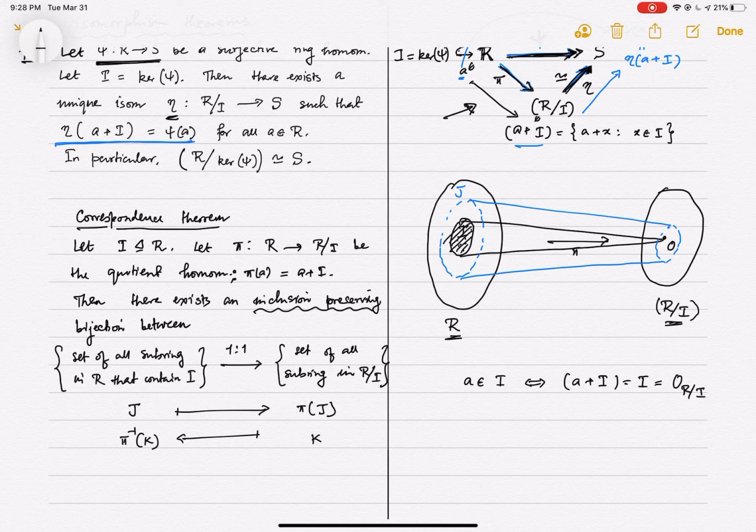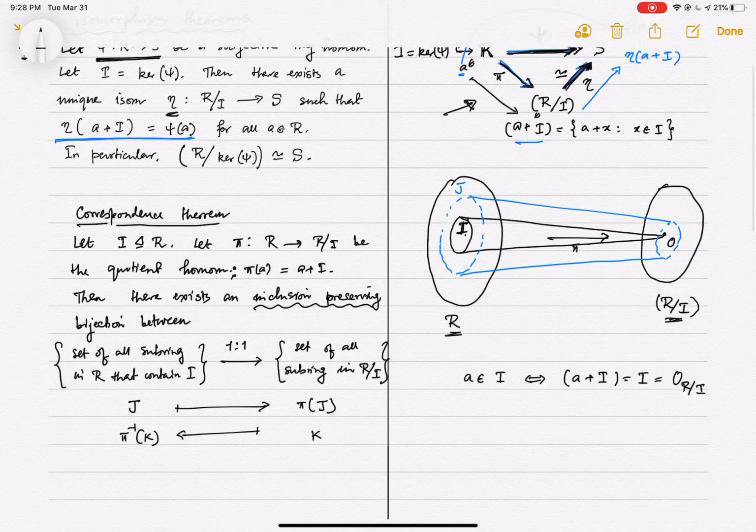But you retain all the information that you had in the ring above I. At least all the subring structure, all the ideal structure that was above I is preserved. That's the content of this correspondence theorem. And in this sense, this quotienting operation serves as a simplifying device.